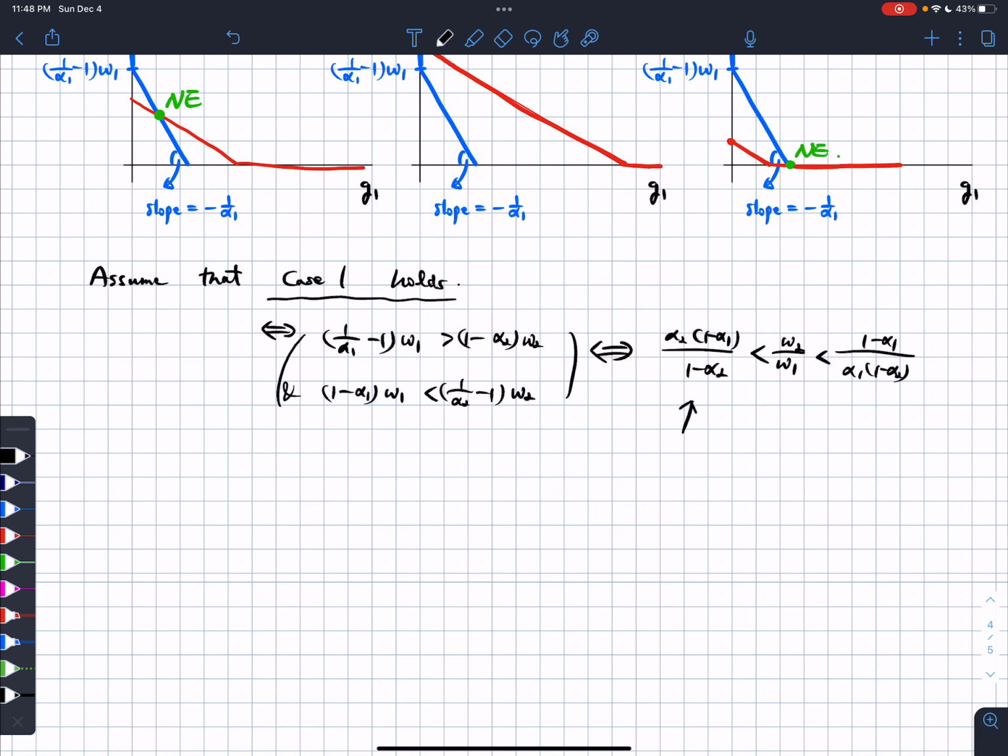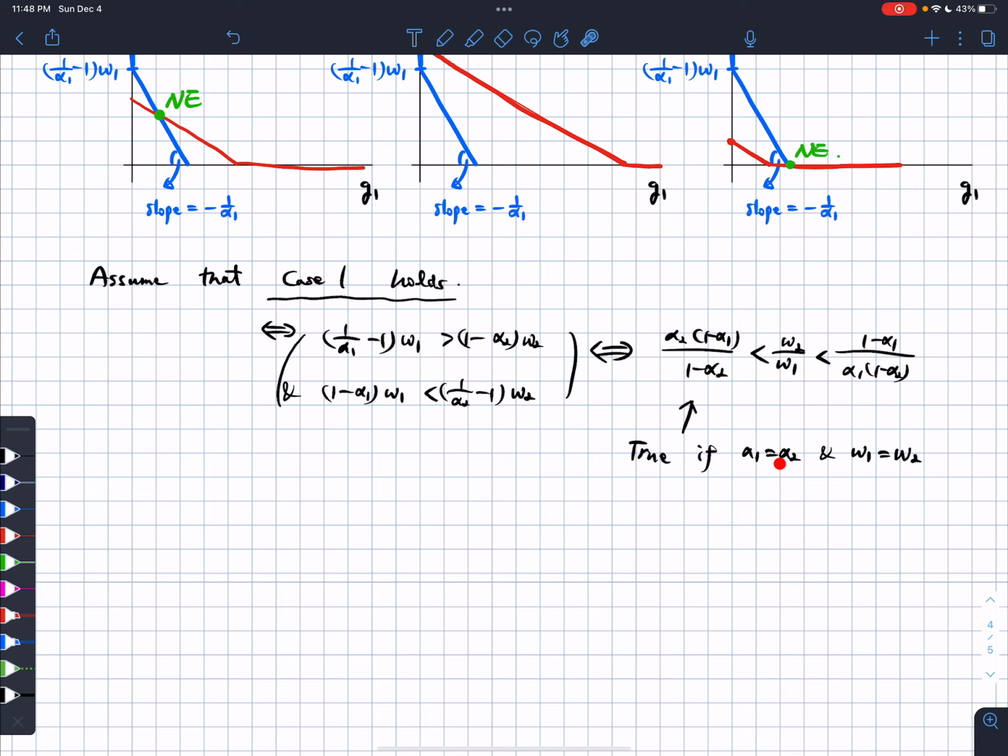Okay, and one thing we have to note from this is that this will be true whenever all the parameters are completely symmetric for the two players. So this will be true if alpha 1 and alpha 2 are equal and W1 and W2 are equal. Why is it?